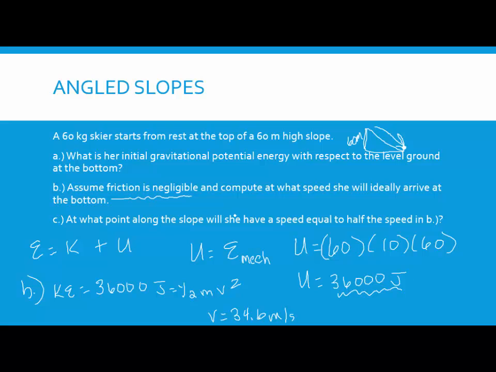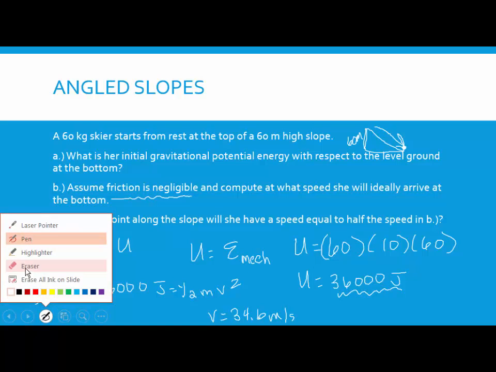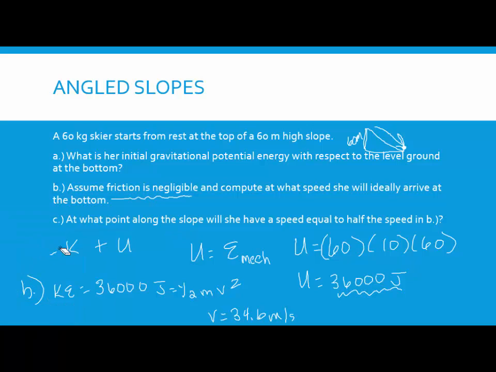Part C says, at what point along the slope will she have a speed equal to half of the speed in B? It's kind of tempting to say that she would be going half this fast when she's exactly halfway down the slope.